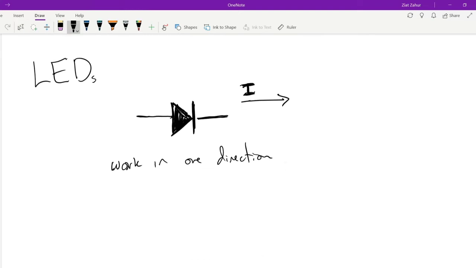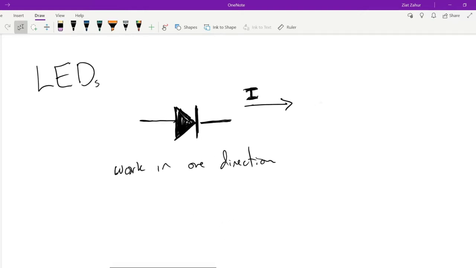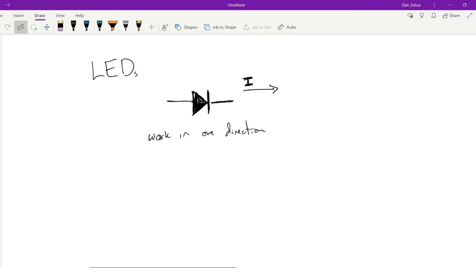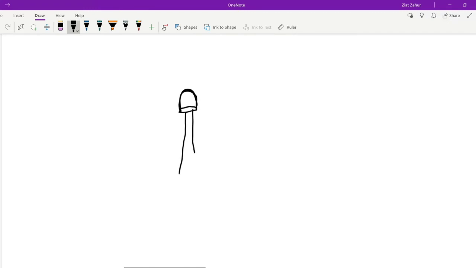LEDs work in one direction. Okay. Now, when you have an LED, you'll see that it's a little tiny thing here. It has a long tail and a short tail. And usually the long tail is the positive end and the short tail is the minus end.